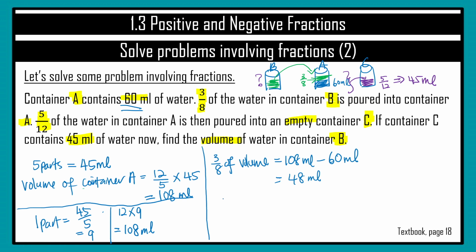So we'll do the same thing. I know that 3 parts is equal to 48 ml. So 1 part will be 48 divided by 3, which is 16 ml.